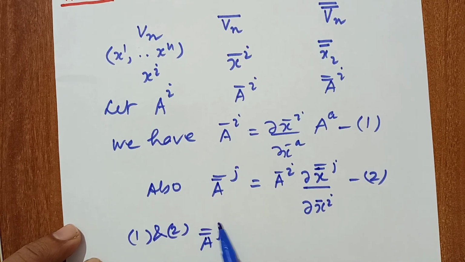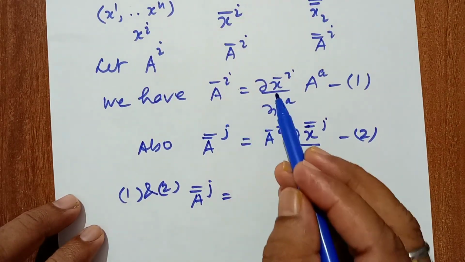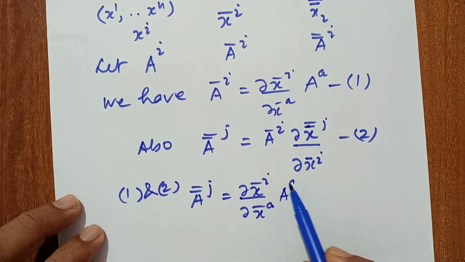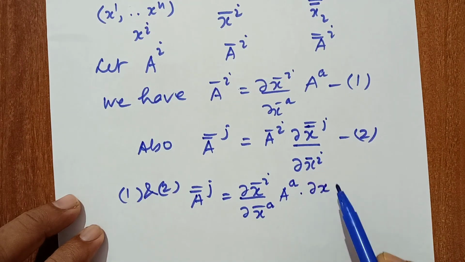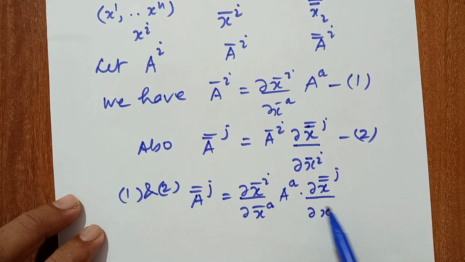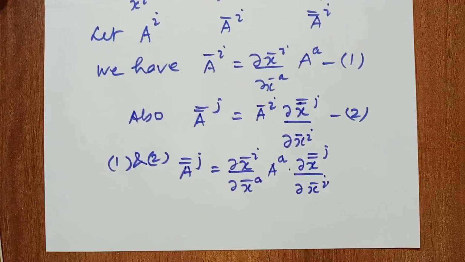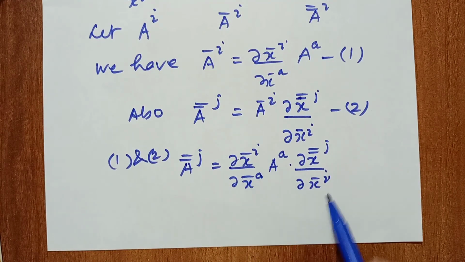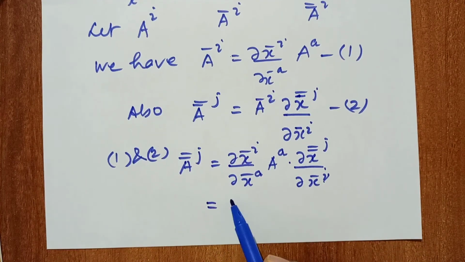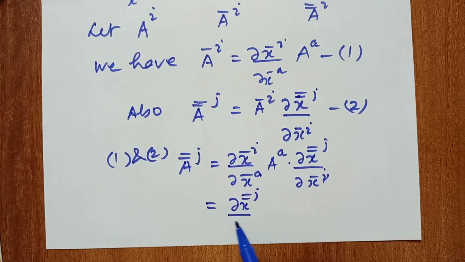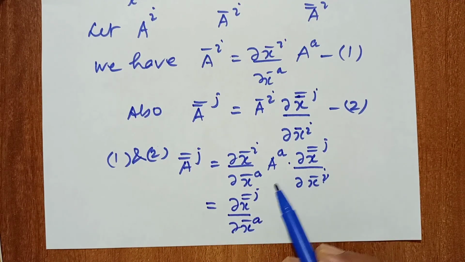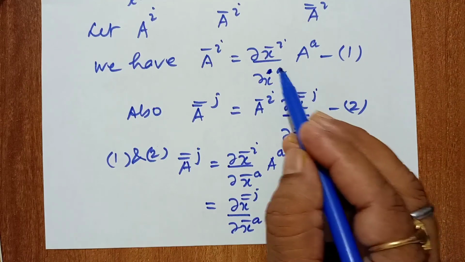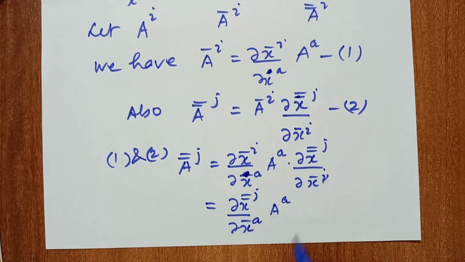1 and 2 give a double bar j equal to ∂x̄ⁱ upon ∂xᵃ aᵃ, and this other factor as it is, ∂x̿ʲ upon ∂x̄ⁱ. This ∂x̄ⁱ and ∂x̄ⁱ cancel, so this equals ∂x̿ʲ upon ∂xᵃ aᵃ. Sorry, here this is not bar.